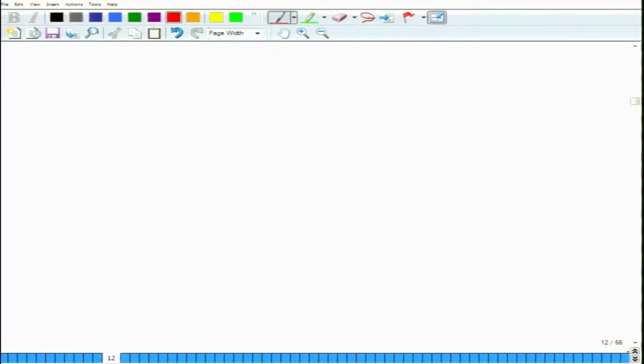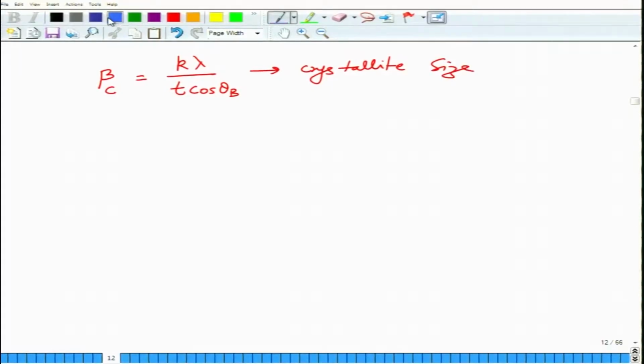The broadening because of crystallite size is k lambda divided by T cos theta B. And the other term, beta S, which is because of strain, is C epsilon tan theta, where C is the constant.